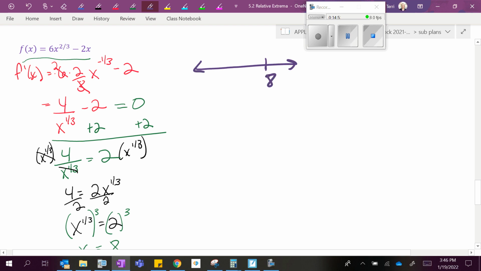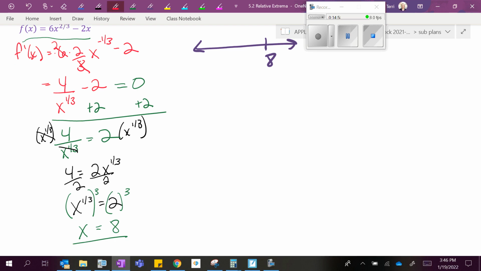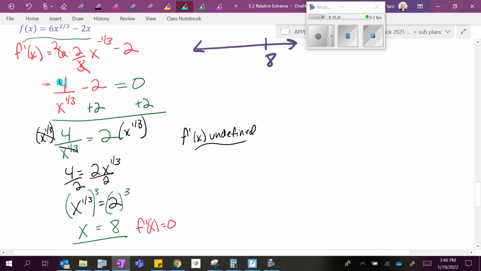Okay? Now, if you remember though, our critical numbers consist of values that make the derivative 0, which is right here. This was what made the derivative 0, but it is also values of x that make the derivative undefined. And what that really means is, are there any values that would give us a 0 in the denominator of our derivative?